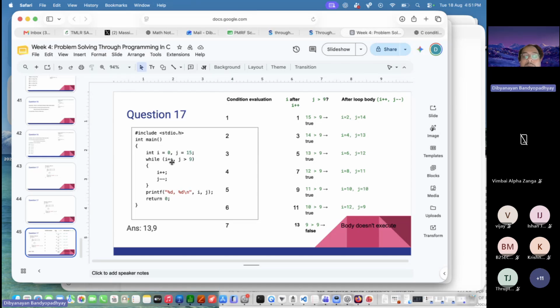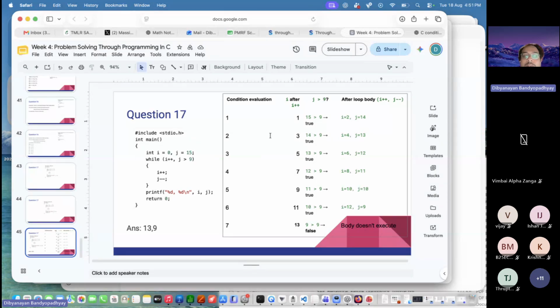It will be evaluated, but it will not be used for deciding the for loop expression. You just decide based on whether j is greater than 9 or not. So 15 is greater than 9, it is true, so you go inside the body. i is again incremented to 2, because i was already 1, and j is decremented to 14.